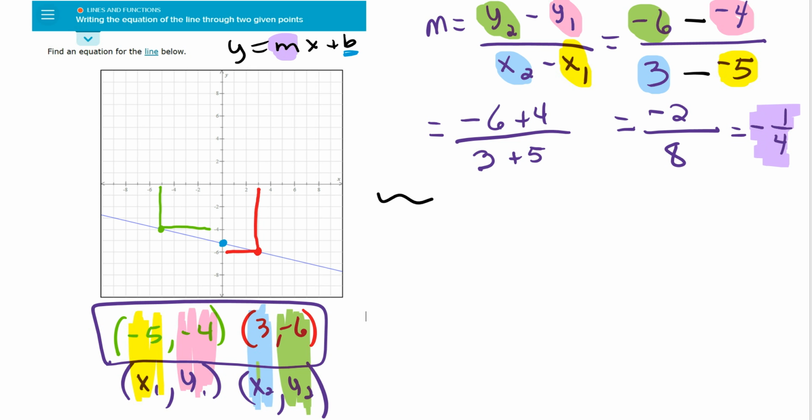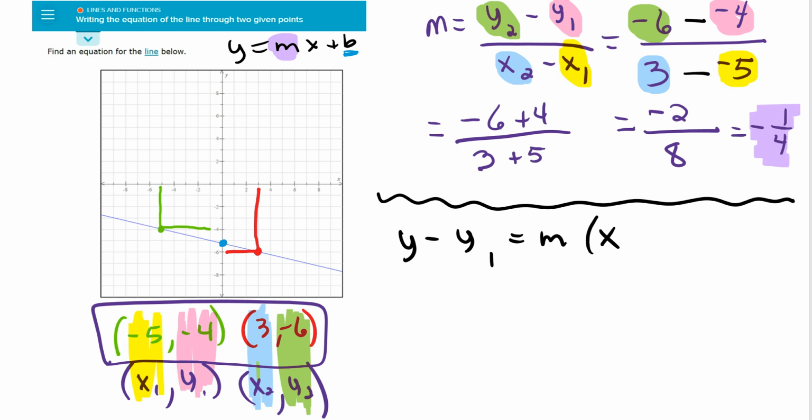So I'm going to use the point-slope formula to find the equation of a line. I'm going to stick my answer that I just got for m right there. And then I need x sub 1. X sub 1 was my yellow number, and y sub 1 was my pink number.